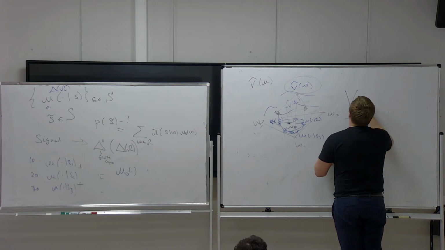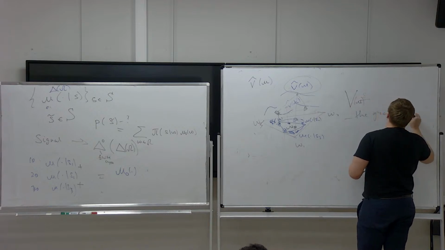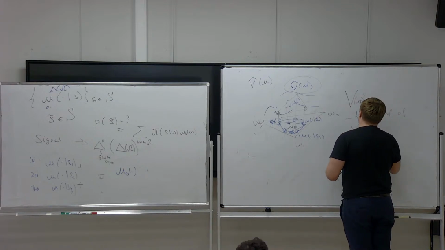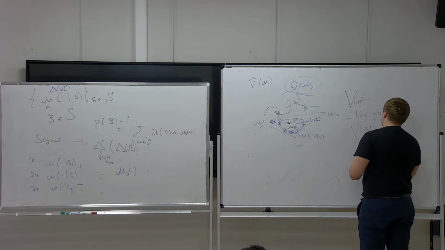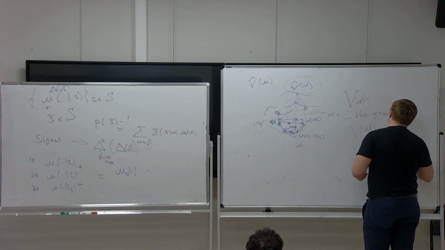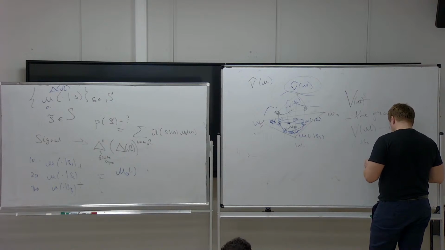The graph of v of mu is the convex hull.